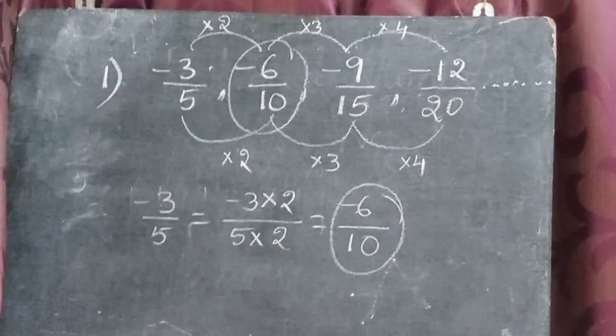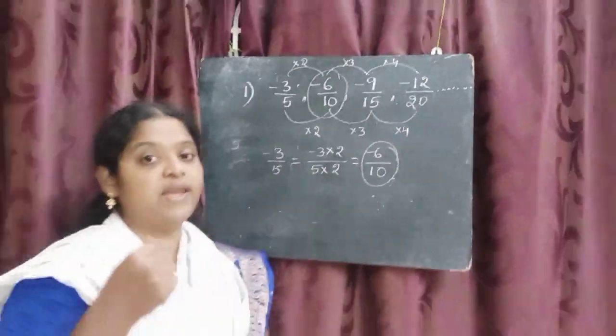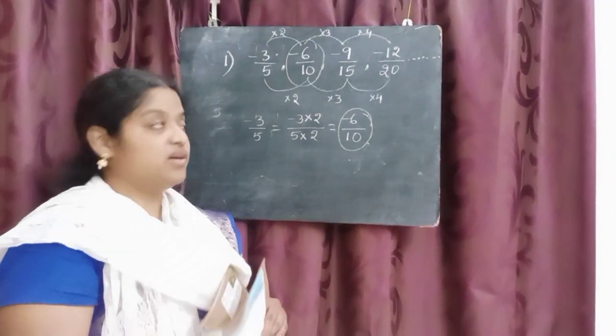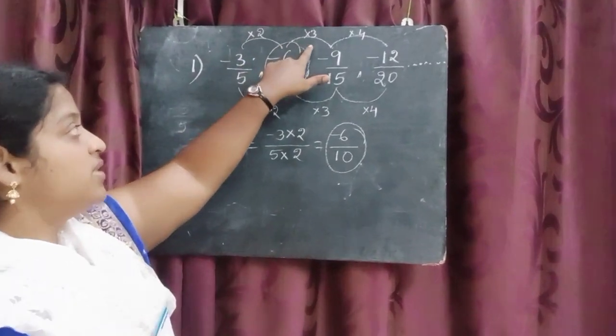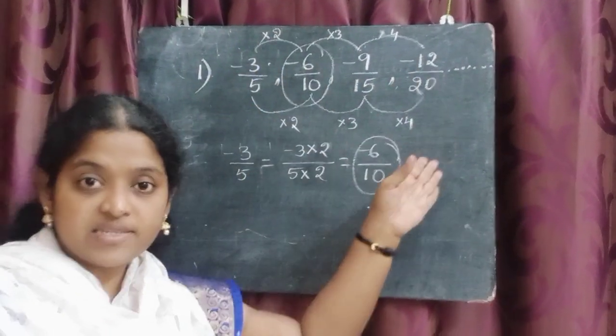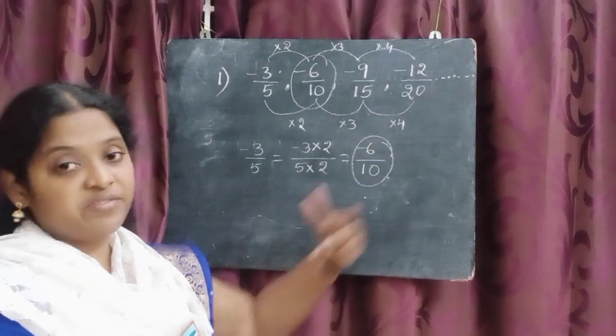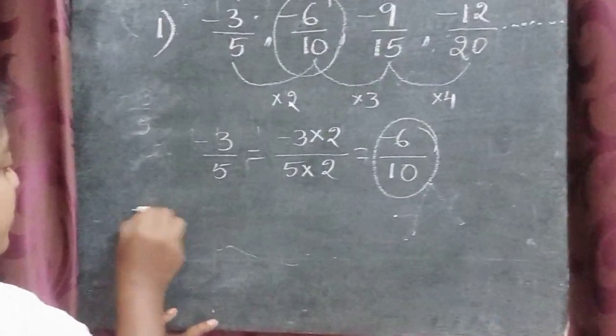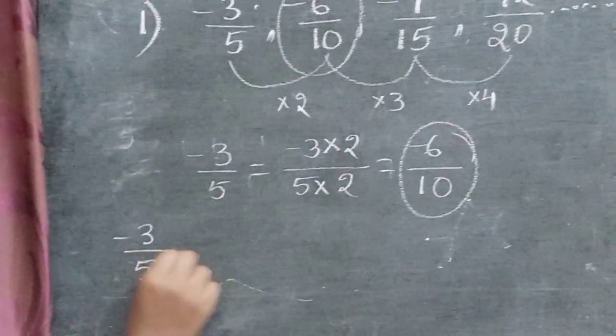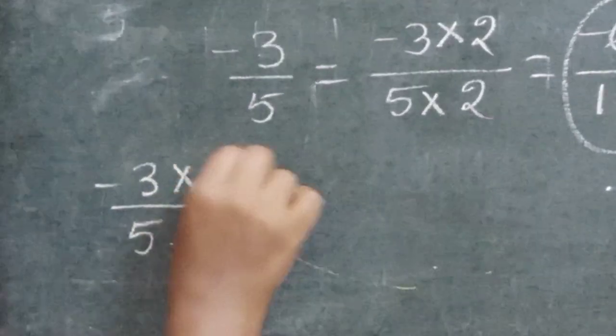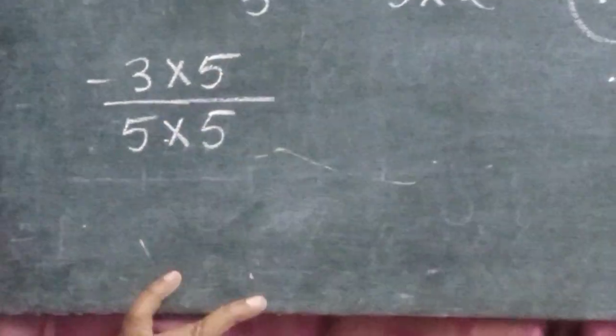So now the next number will be, any guess? What will be the next number? Here if you observe 2, 3, 4, what will be the next number? Yeah, correct. That is 5. So here it is -3/5 into 5, denominator also into 5.